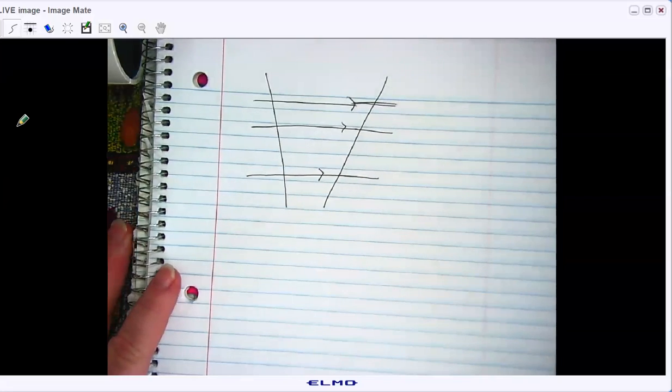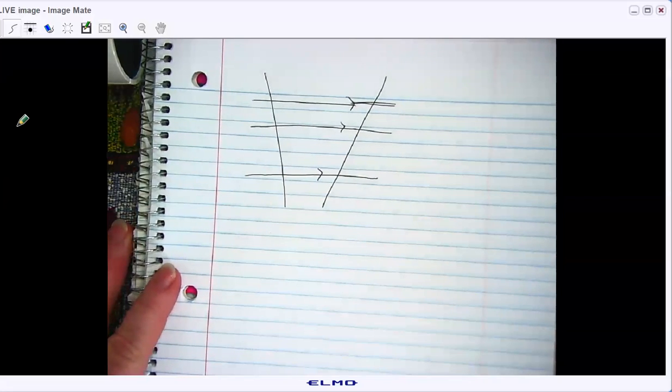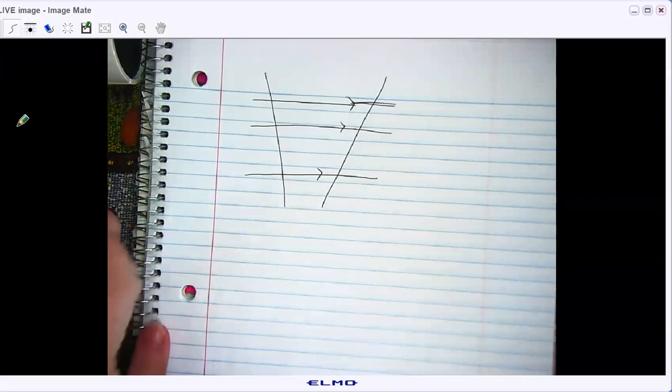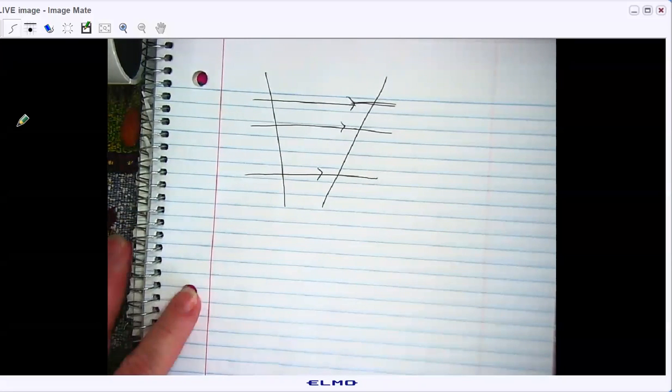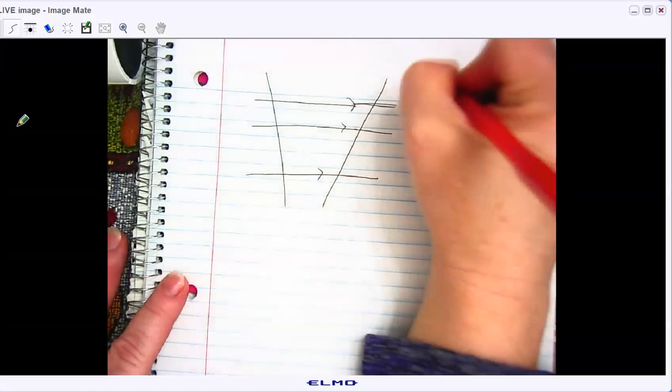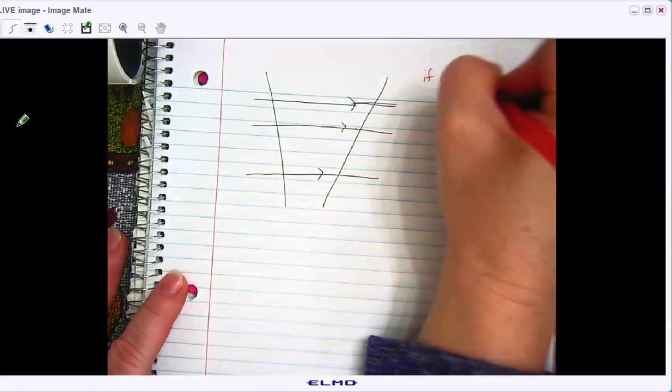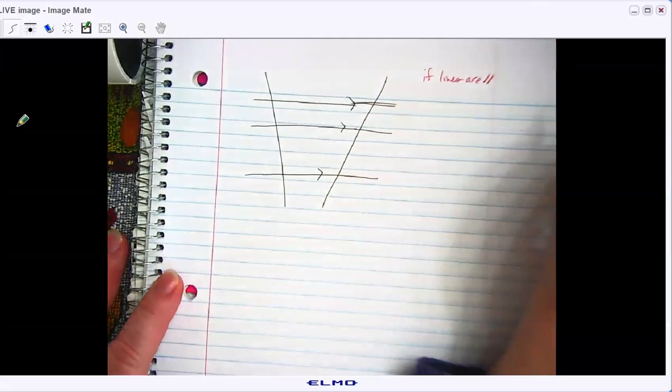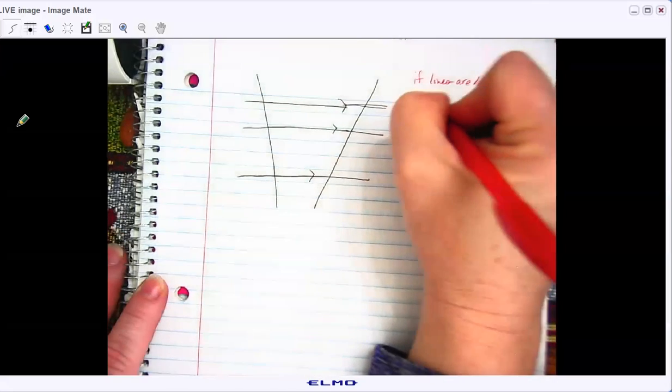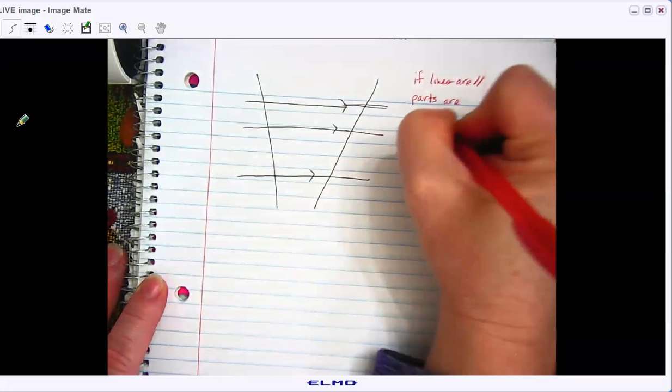Going back to, if the lines are parallel, then the parts are proportional.